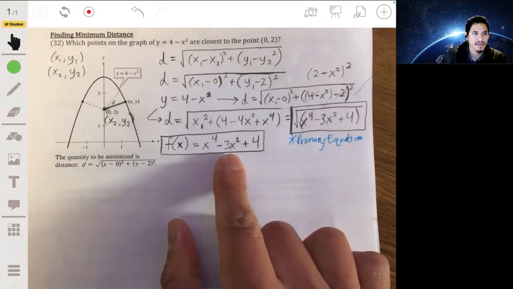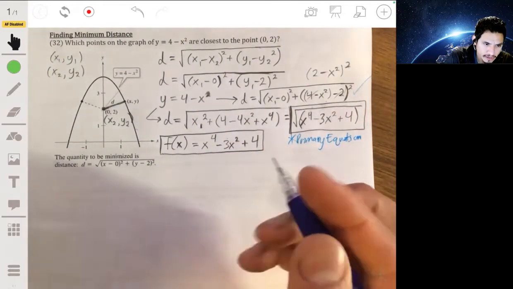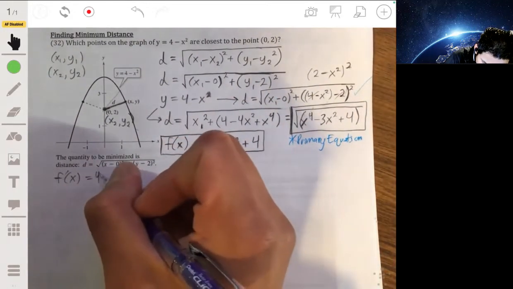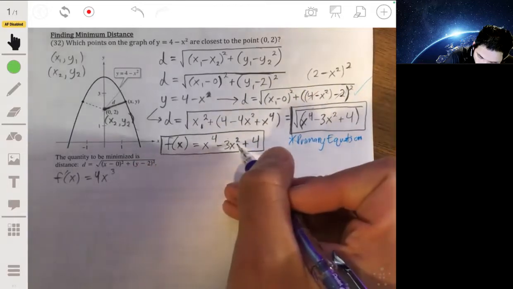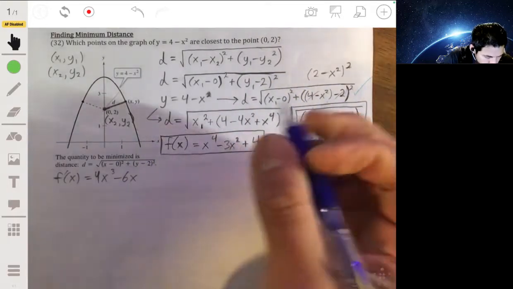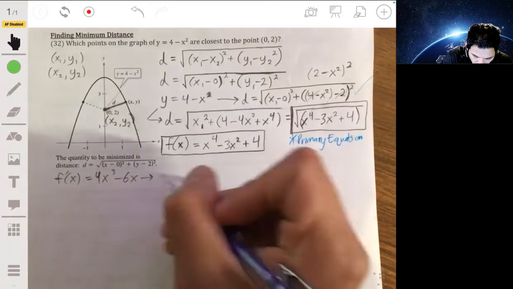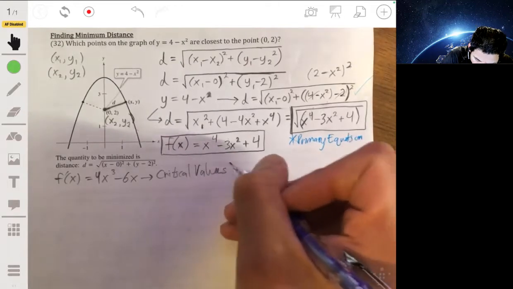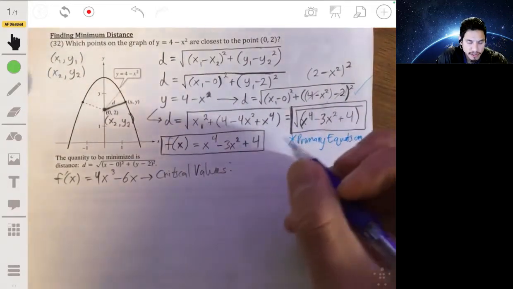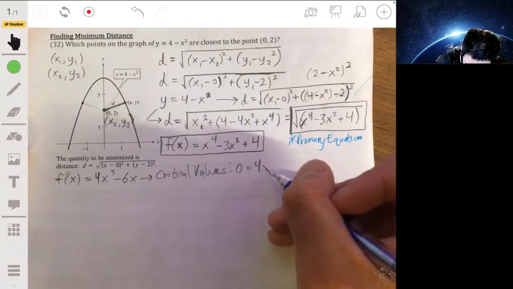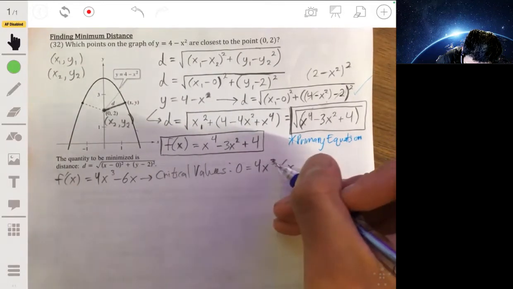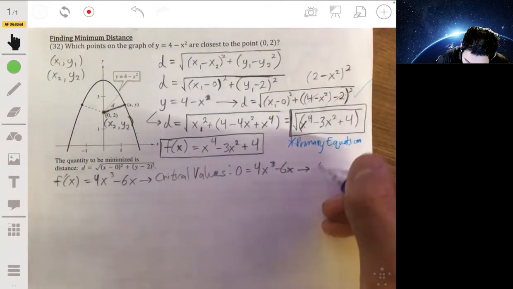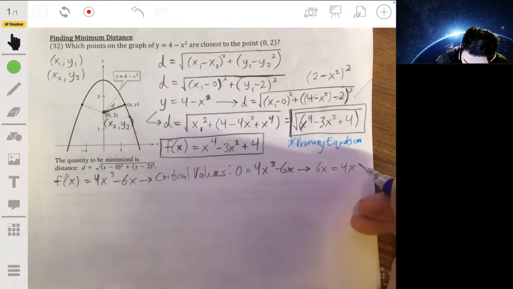So let's differentiate this and find the critical values. So we're going to have f prime of x be 4x cubed minus 6x. Find critical values. So find where this is equal to 0 or where it's undefined. So 0 is equal to 4x cubed minus 6x. From algebra, 6x equals 4x cubed.